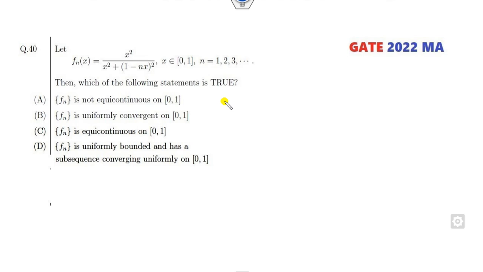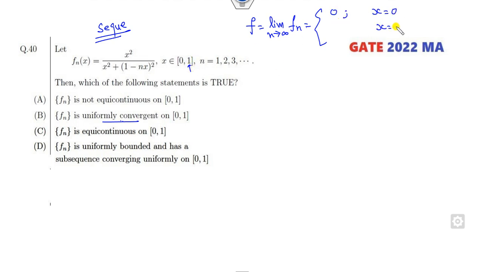Okay, look at this another one. Which of the following is equicontinuous, uniform convergent, and here. So firstly we can check about the sequence. Find the uniform convergence. Find the limit as n approaches infinity. So what will happen? If x is 0, the answer will be 0. If x is 1, what is the answer?